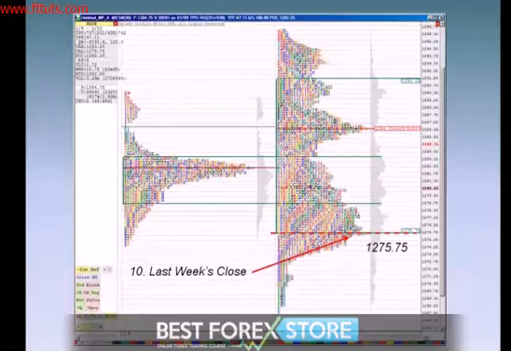On the contrary, when we dropped down to the lower part of the profile, we found value, and traders were content and willing to trade quite a bit in this area. So the chances are likely that we're probably going to navigate back up with prices and test some of these levels above. This is where the profile really shines.